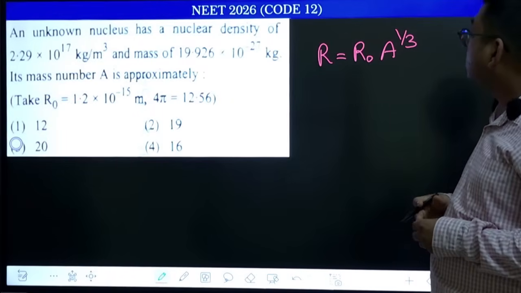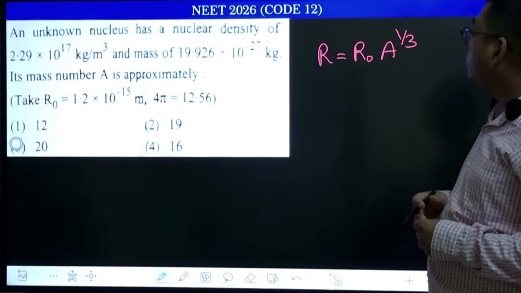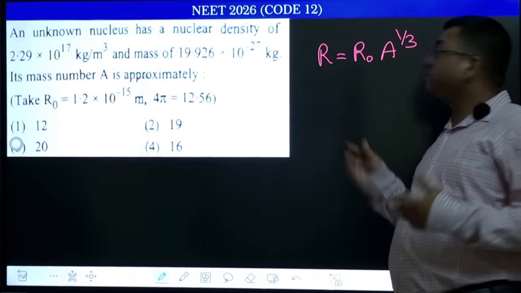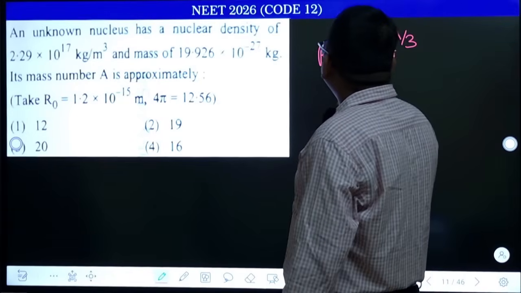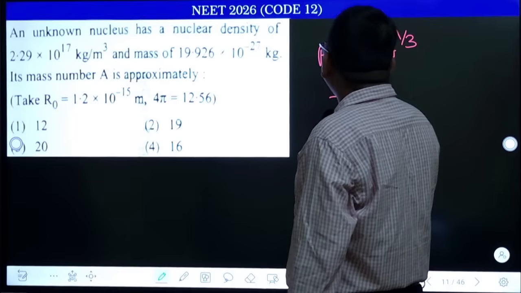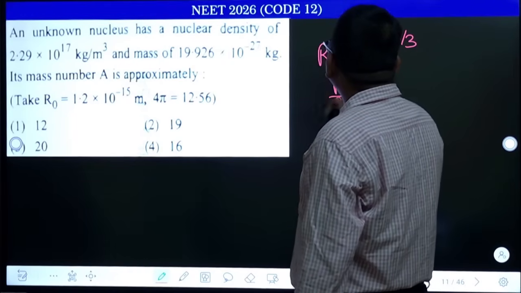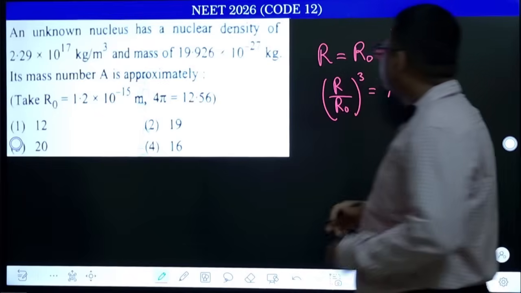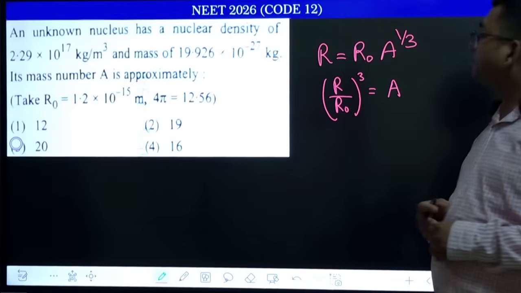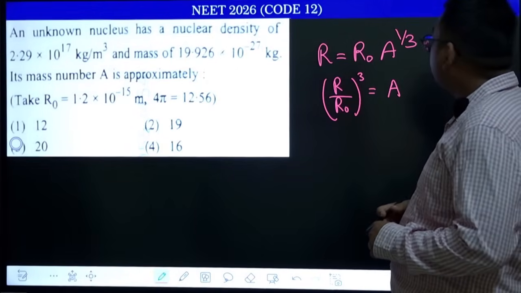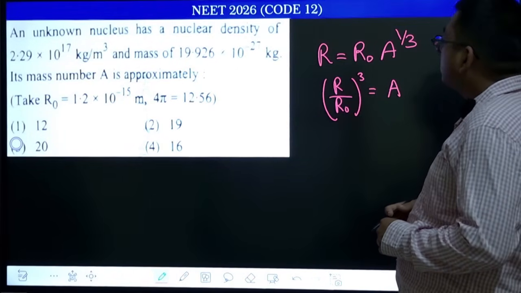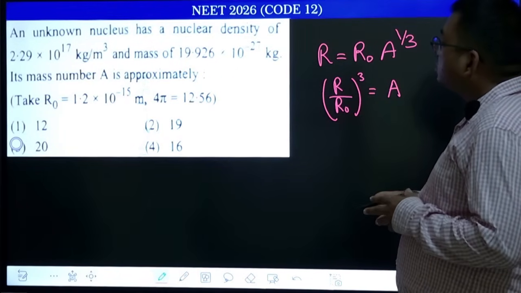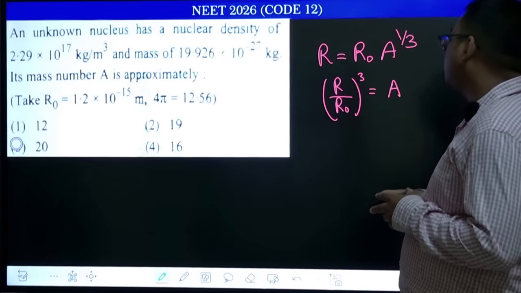How do we calculate A? If you know the radius, you can calculate it. If I cube this, then (R by R naught) whole cube is going to be A, correct? Then what we need to calculate is, mass they have given, density also they have given.